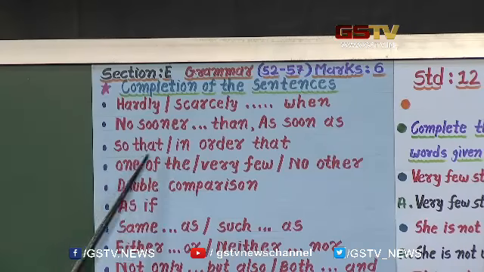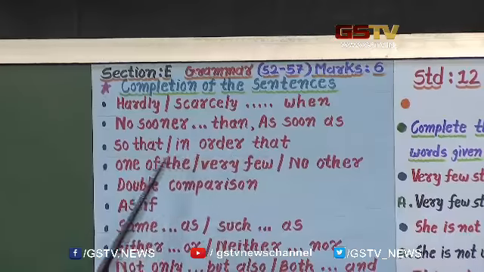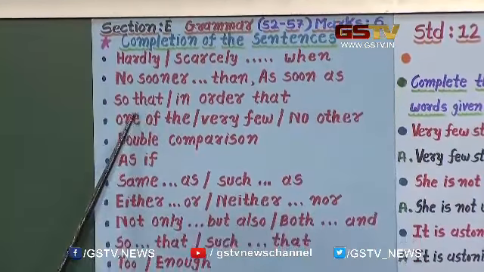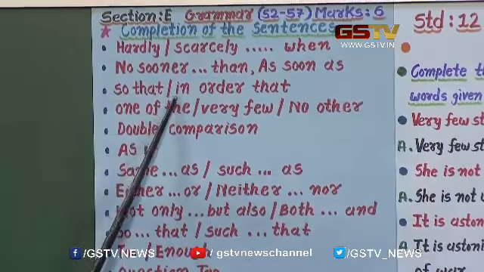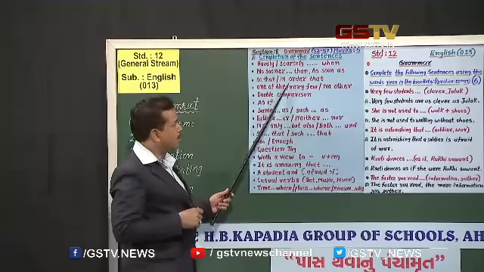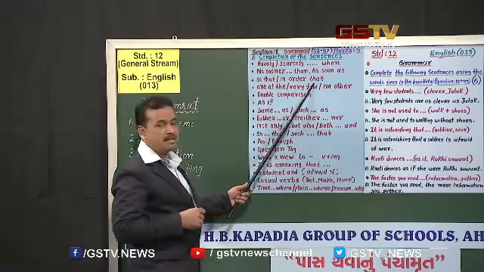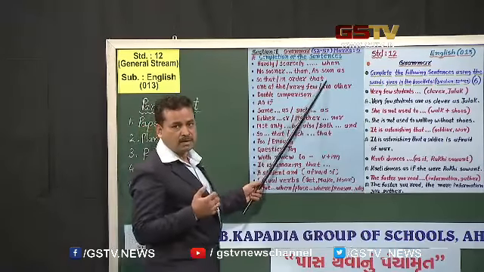Second one is so that, in order that. So that, adverb clause of purpose, it is also asked repeatedly. Our students work hard so that they can obtain A1 grades in the examination. Our students work hard in order that they can obtain good marks in English.